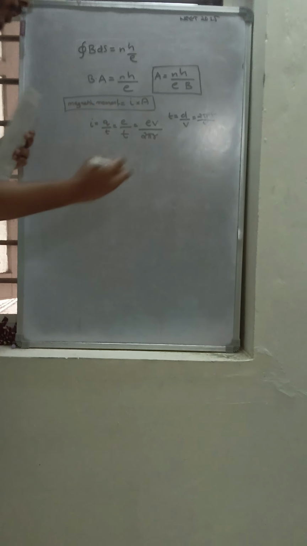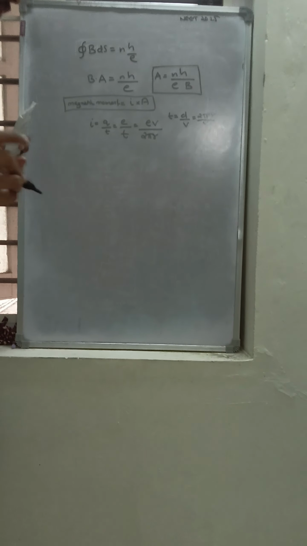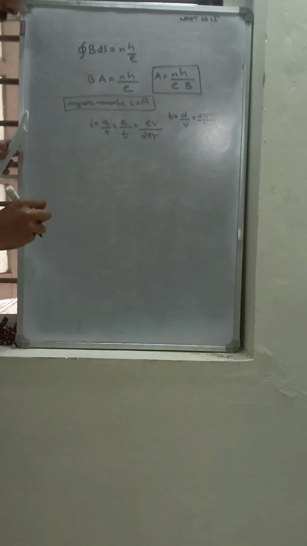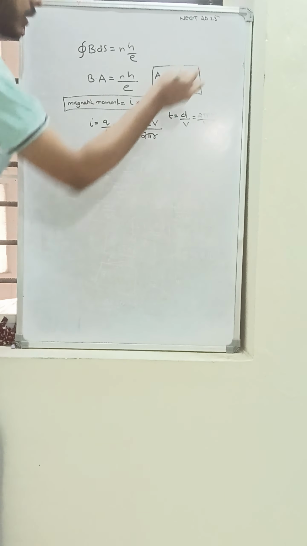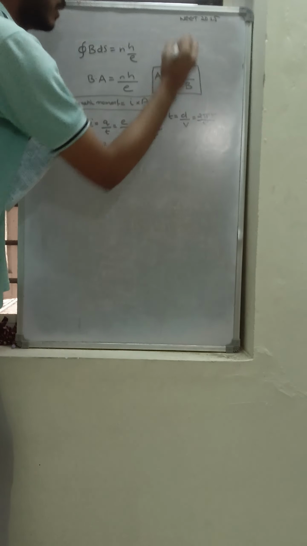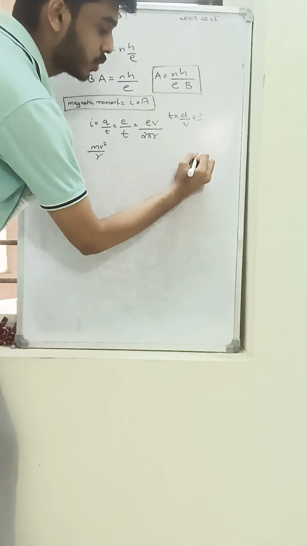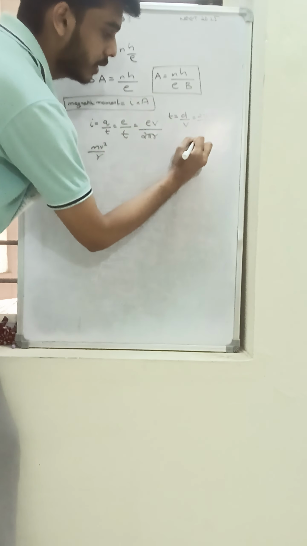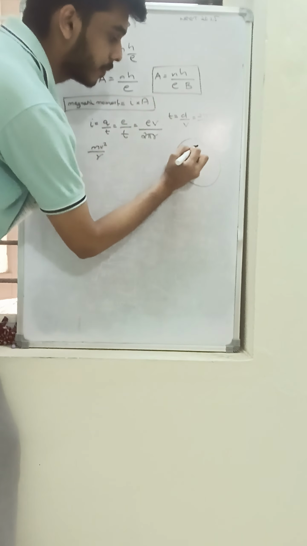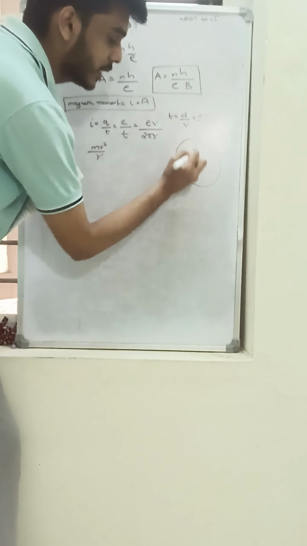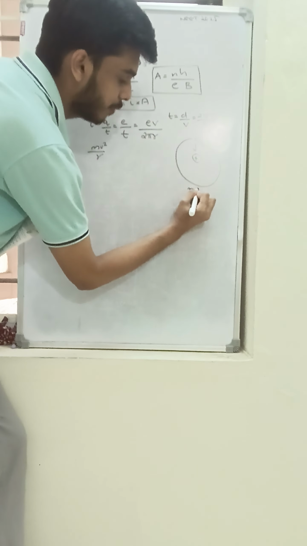And in order to find r, we know mv squared by r. The electron is actually moving in an orbit, just like there is a positive charge here and an electron here. So the electron is moving here, and it will have a centrifugal force given as mv squared by r.